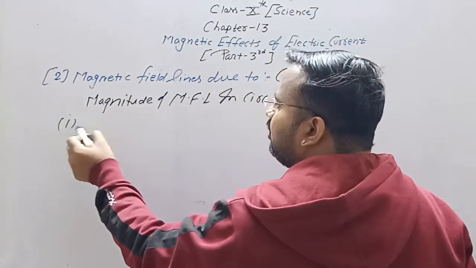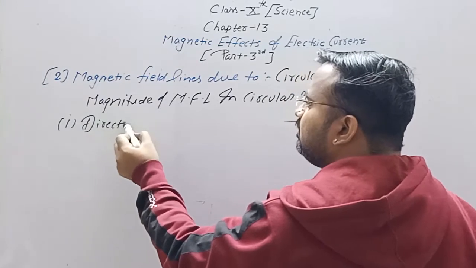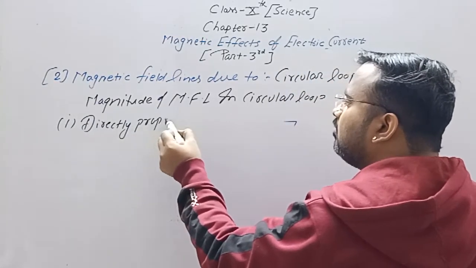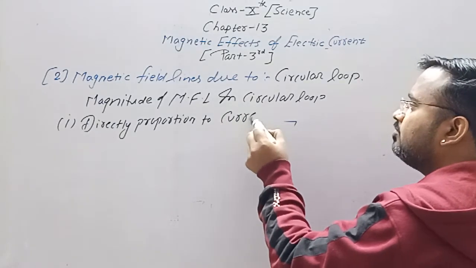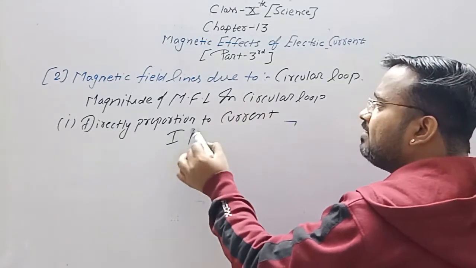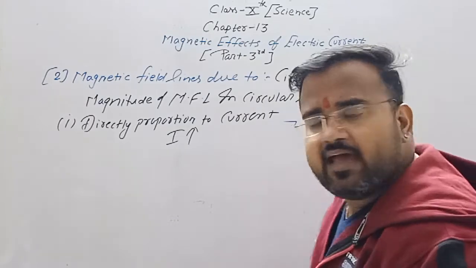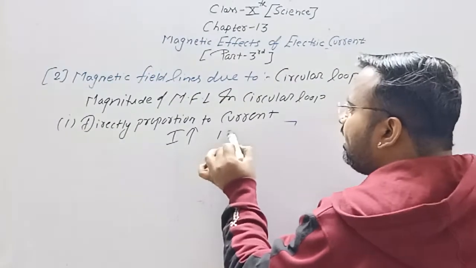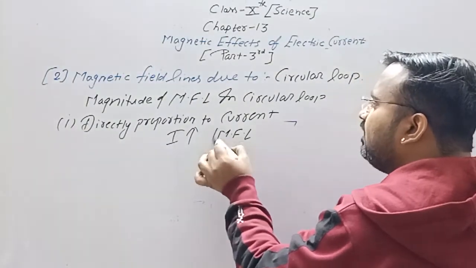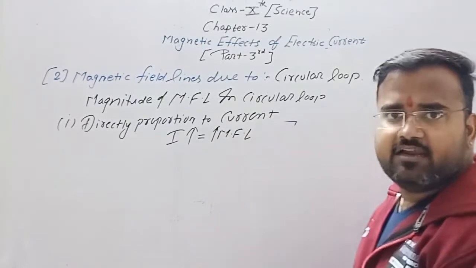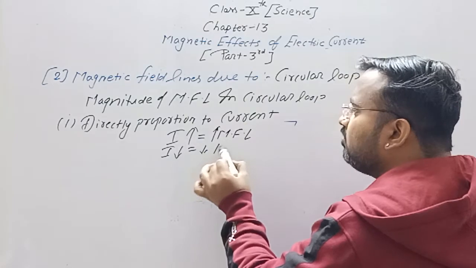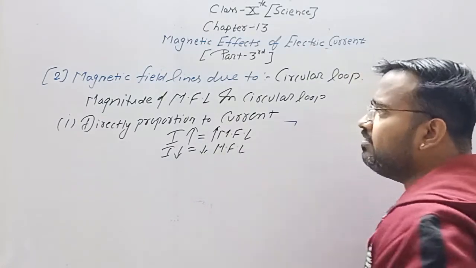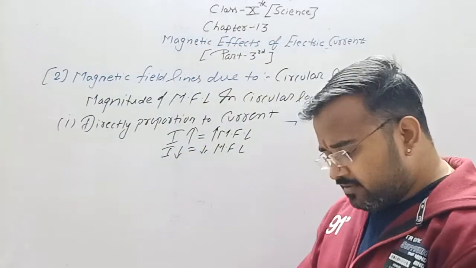First, it is directly proportional to current. See, if the current is high, then the magnetic field is also high because they are directly proportional. If the current is low, then the magnetic field is also low. This is the first case.